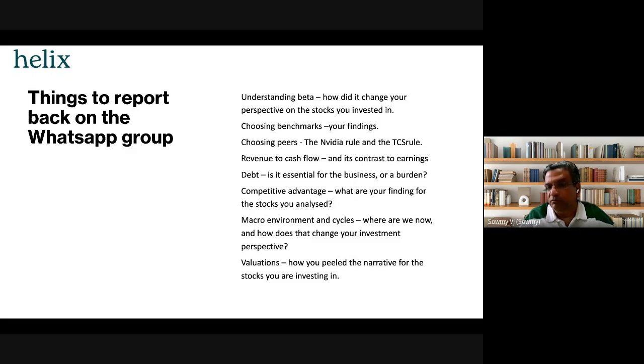Revenue to cash flow, and basically the contrast to earnings. Debt: is that essential for this business, for the stock that you are investing in, or is it a burden? What did you find out, basically, right? And then competitive advantage: what are your findings for the stocks that you analyzed so far?